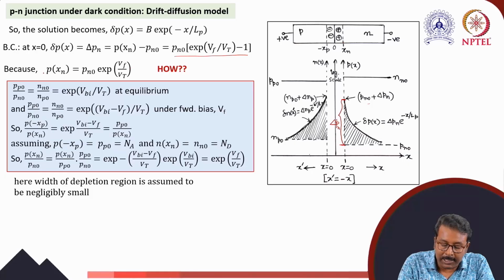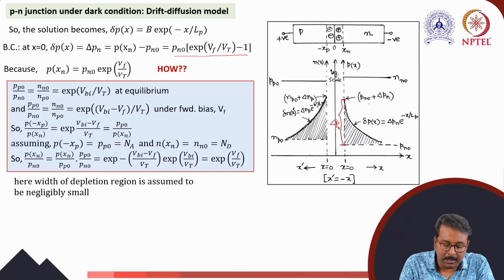But how will we get this P at xn? Xn means the boundary of the depletion layer on the n side. For the relationship between P at xn and P at minus xp, we have to follow some expression. What is that? Let us start from this basic equation, pp0 by pn0. What is this pp0 by pn0?